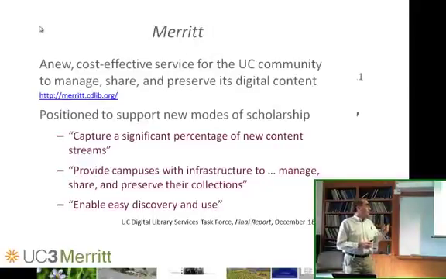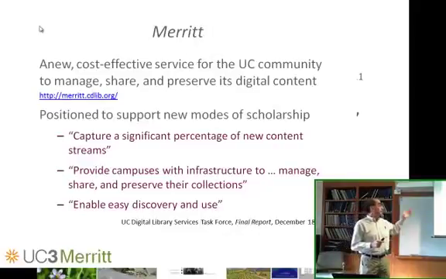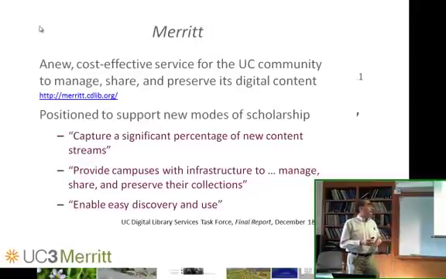And 3 of the main findings of that report were that the university as a whole needs to deploy effective technology solutions in these 3 areas: being able to capture a significant percentage, if not all, ideally, of new content streams that are arising from research and teaching activities; that the campuses are provided with an effective infrastructure for managing and sharing and preserving those collections; and also enabling easy discovery and use.